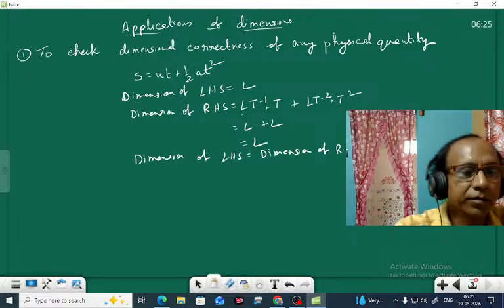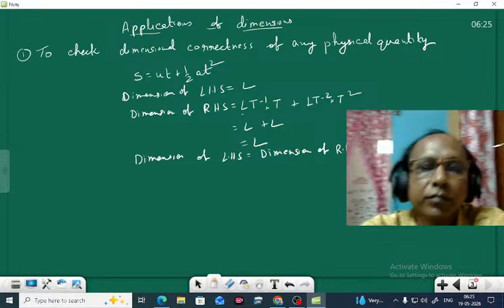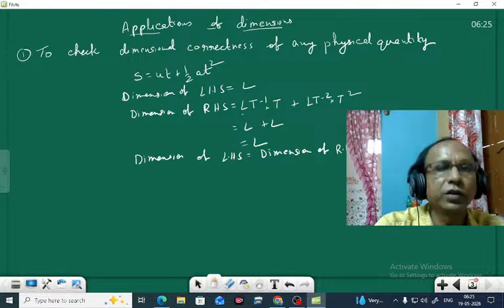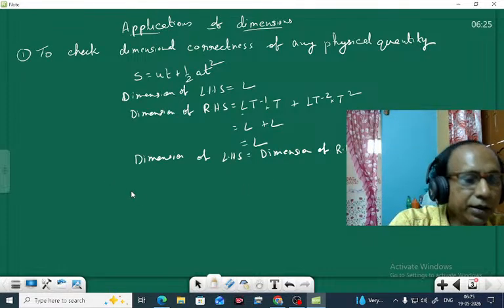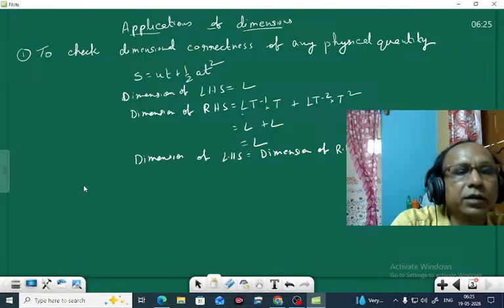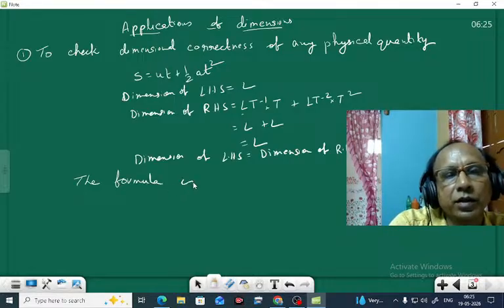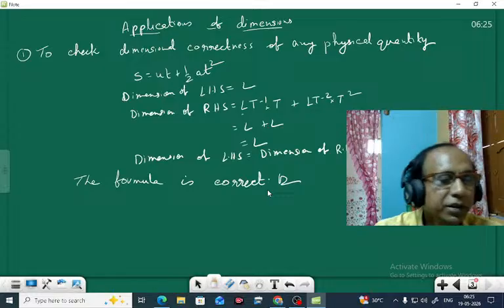Therefore we can say that the formula is correct, right? So if the dimension of left hand side and right hand side is equal, then we can say that the formula is correct.